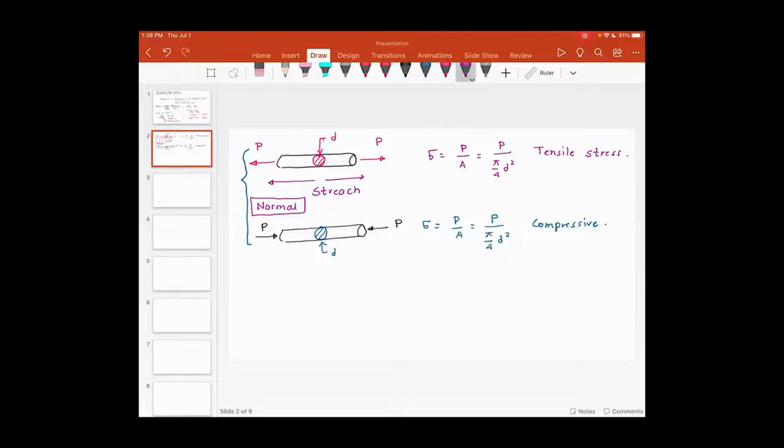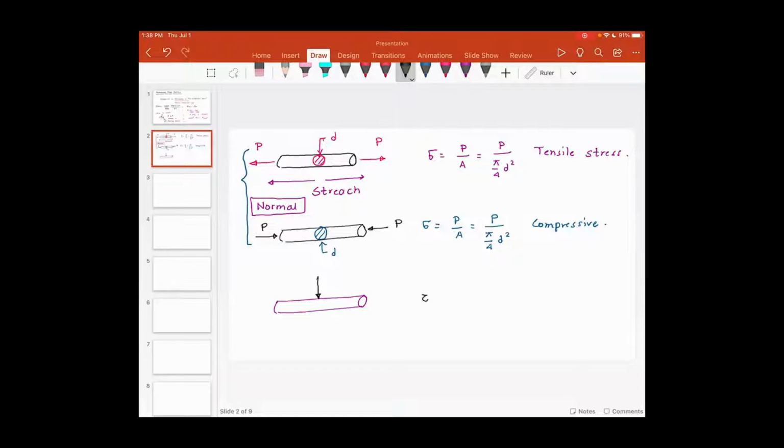Next, what happens when the load is parallel to the area. For example, the same rod, but the force is like this. Think about cutting an apple, or trying to shear it off.